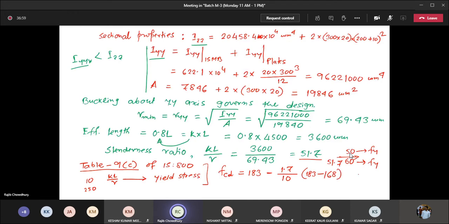So ultimately, after linear interpolation, I am getting the design strength of around 180.45 Newton per mm square.